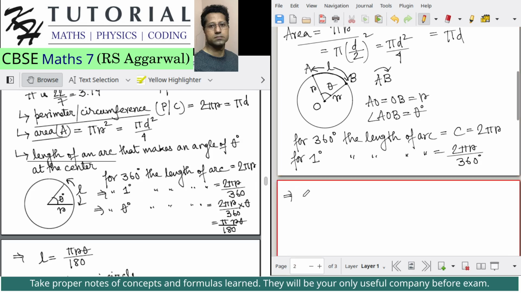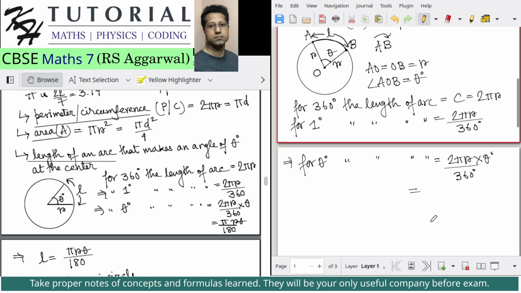So this implies for theta degree, the length of arc will be equal to 2 pi r divided by 360 degree multiplied by theta degree. We write it as theta by 360, the degree will cancel out, so theta by 360 multiplied by 2 pi r.